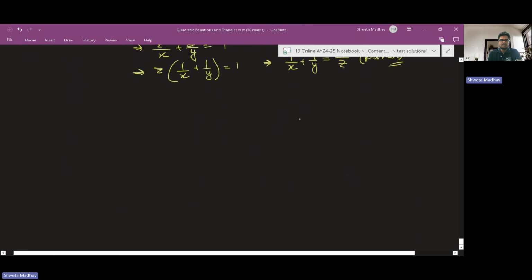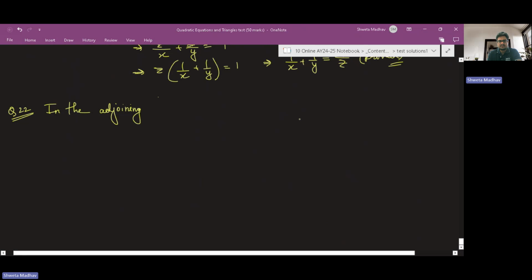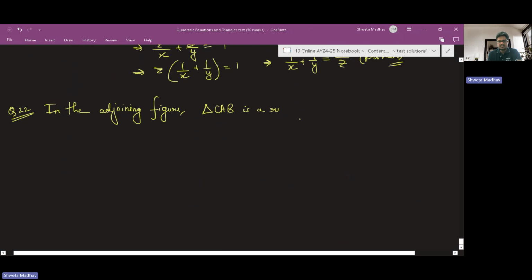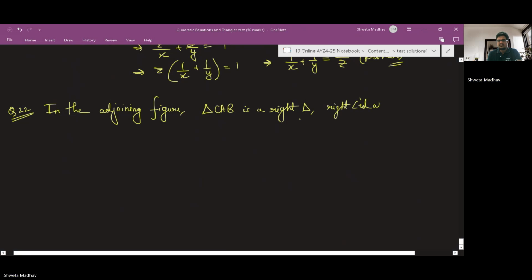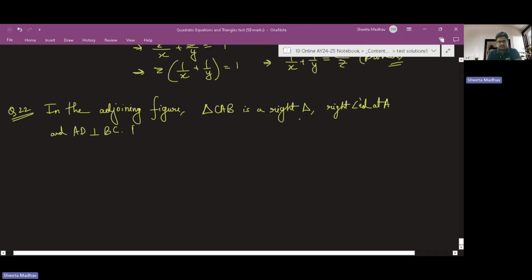And question number 22. Number 22 is given that in the adjoining figure, triangle CAB is a right triangle, right angled at A, and AD is perpendicular to BC.